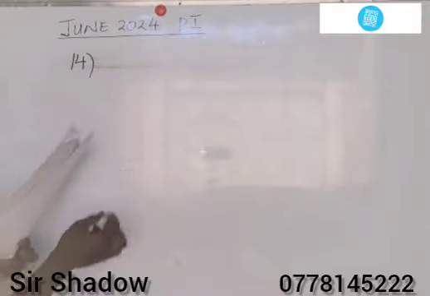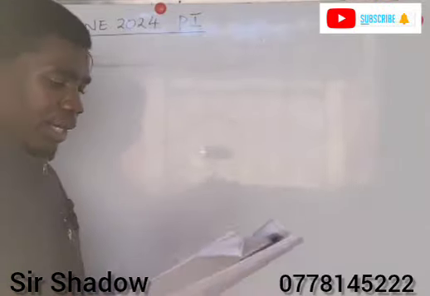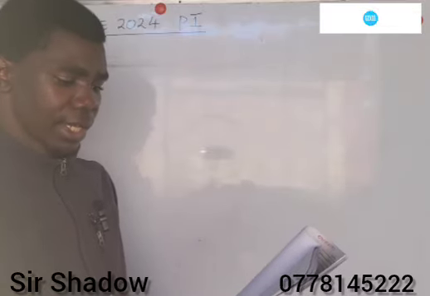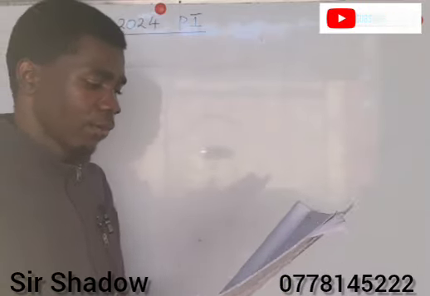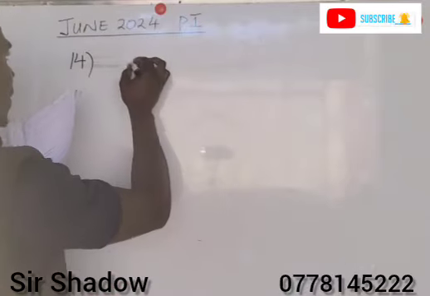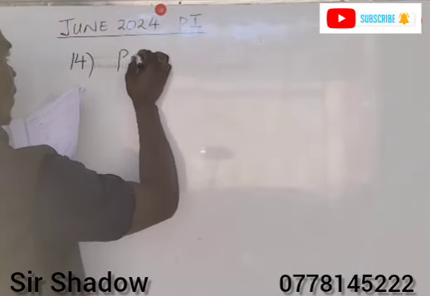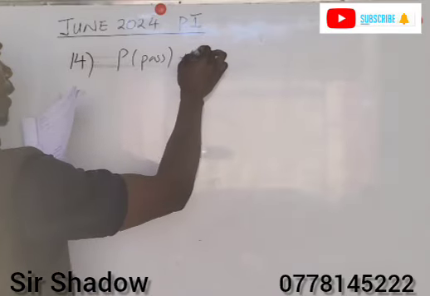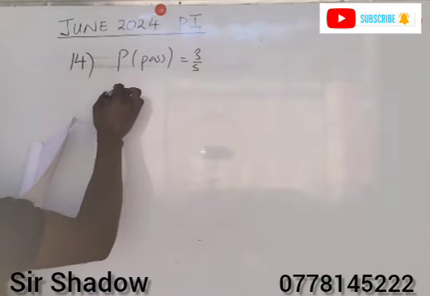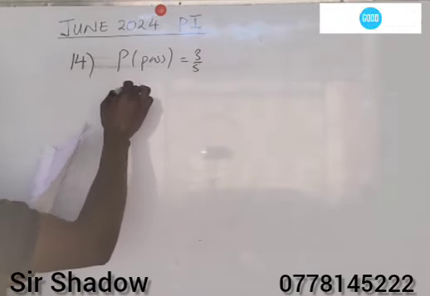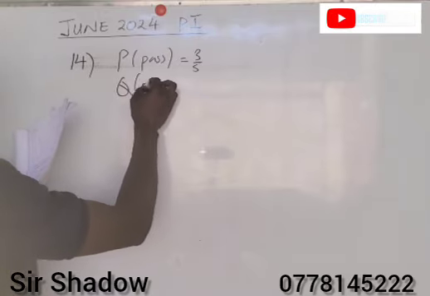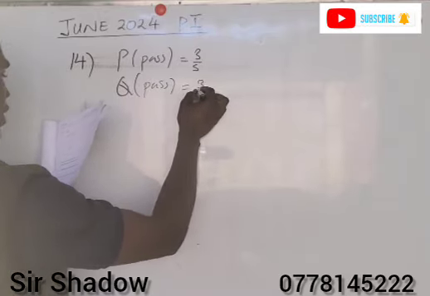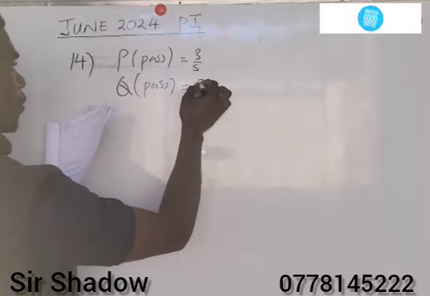On question number 14, we are given two learners P and Q who write a mathematics test. The probability that P passes the test is 3 over 5. The probability that Q passes the test is 2 over 3.